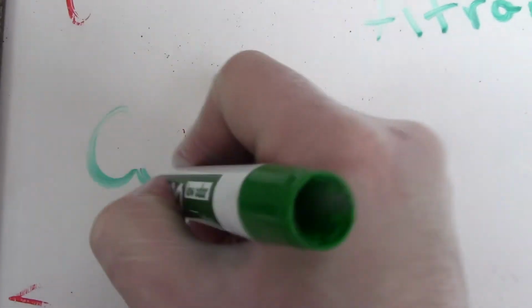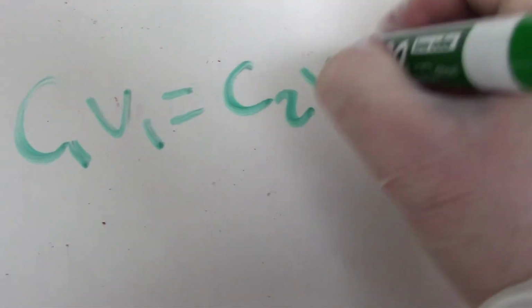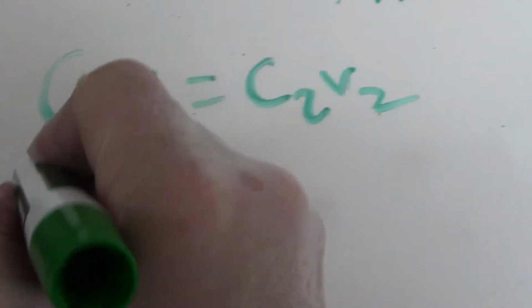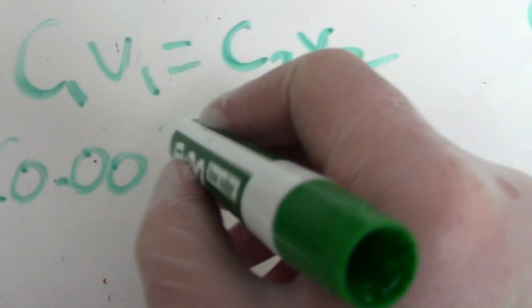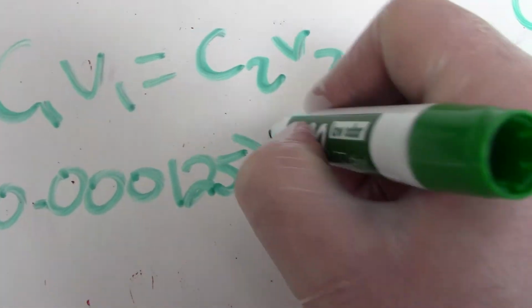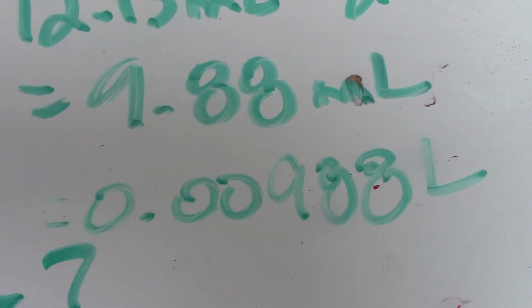So C1 V1 equals C2 V2, and the C1 and V1 are the titrant values. So I've got 0.000125 moles per liter, and I'm going to multiply that by 0.00988 liters.